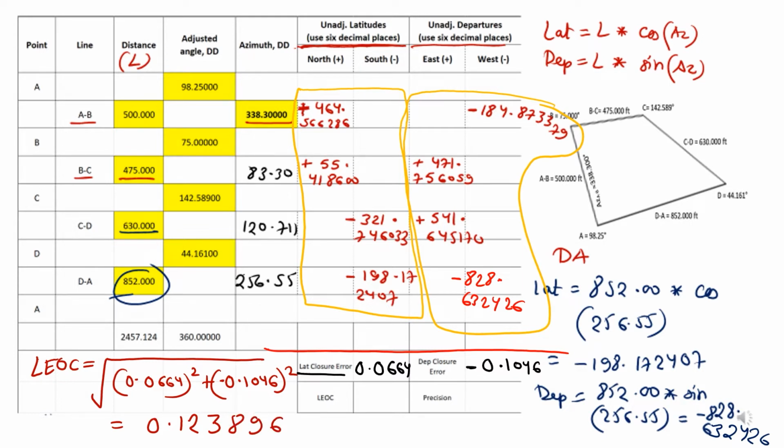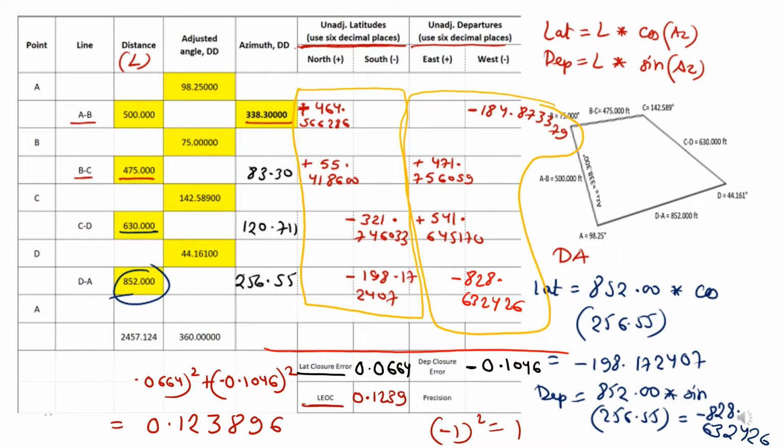That should be my LEOC. This is how we do it. So don't get confused with this negative sign, right? Because the square of a negative number is a positive number. So this is 0.1239 if I round it up to 4 decimals.